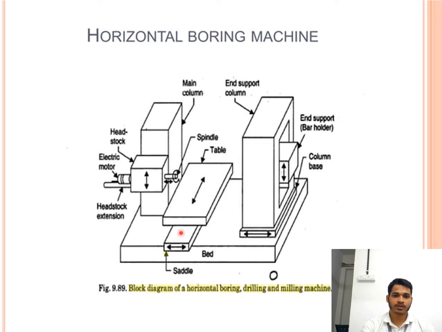It can move left and right. This is the bed and saddle. It can also move across the working job, and this is the end supported bar to support the working job. They are generally used for large size workpieces.